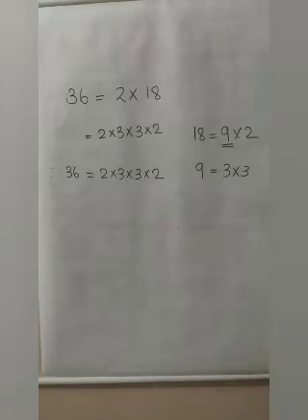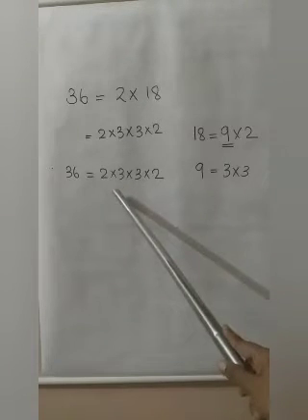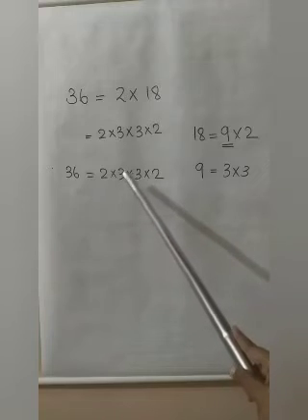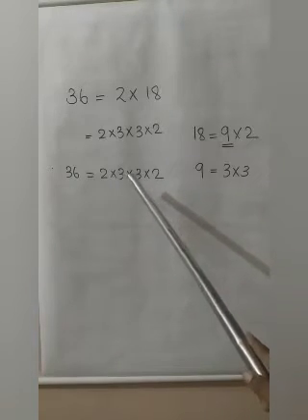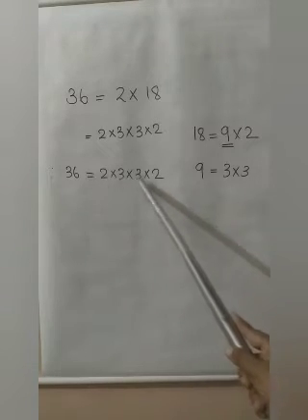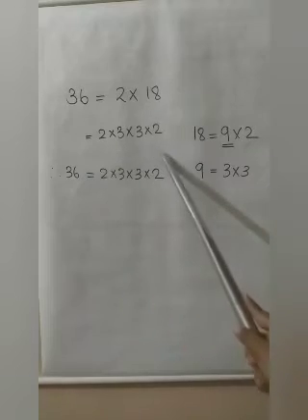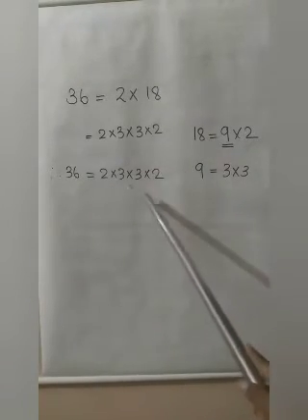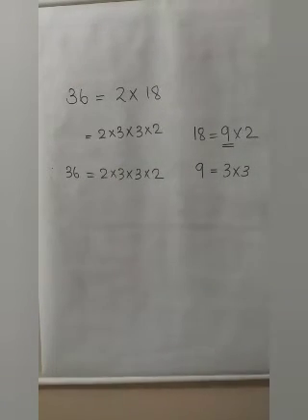Now check whether the prime factorization is correct. What is 2 into 3? 6. 6 into 3? 18. 18 into 2? 36. Can you find any composite number in this factorization? No, 2 and 3 are prime.